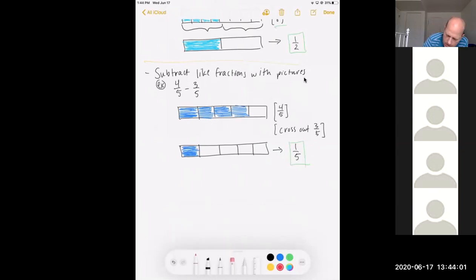Any questions so far? All right. Now, in real life situations, the fractions are usually not going to be like each other. So we're going to think about what we can do to add unlike fractions.